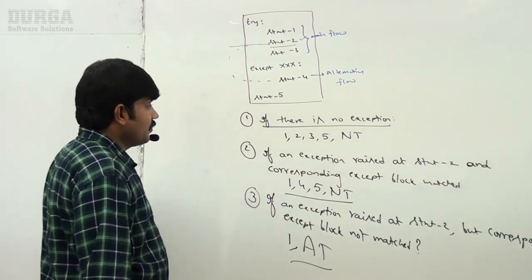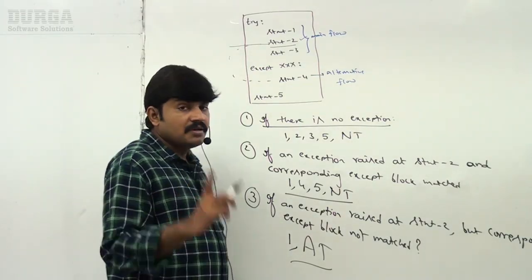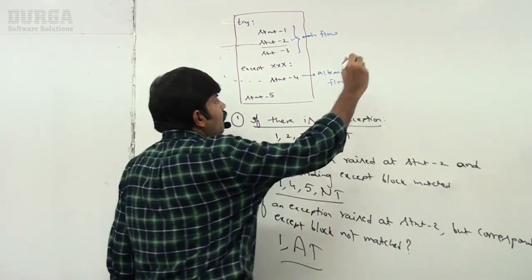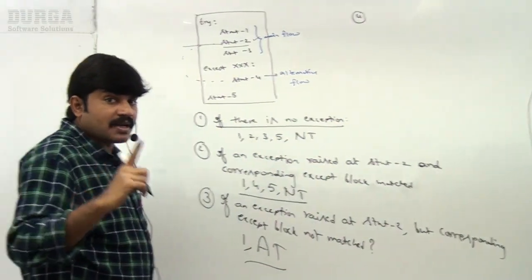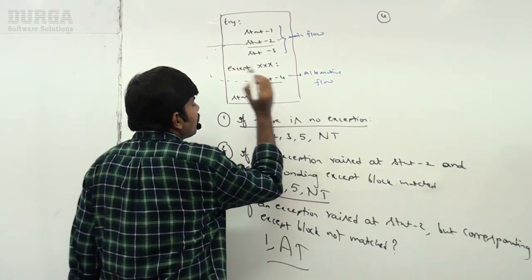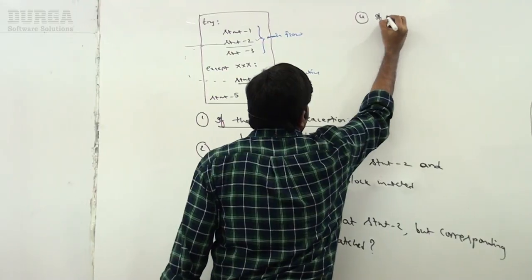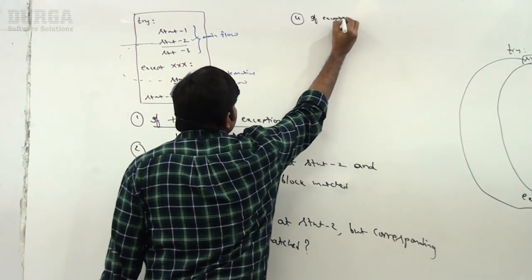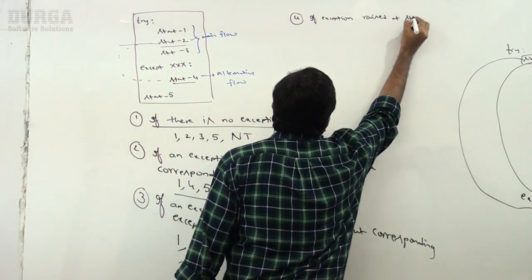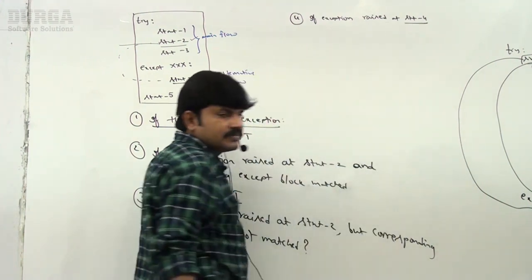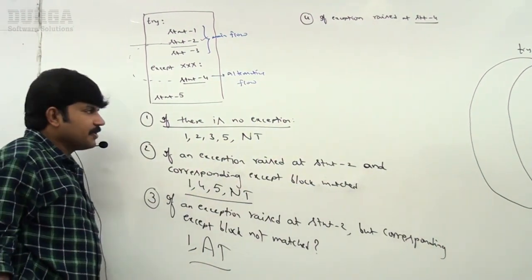Now the next one, very very important, sir. Take a bit special care. Now the fourth case. If an exception is raised at statement 4, can you please tell what will happen?